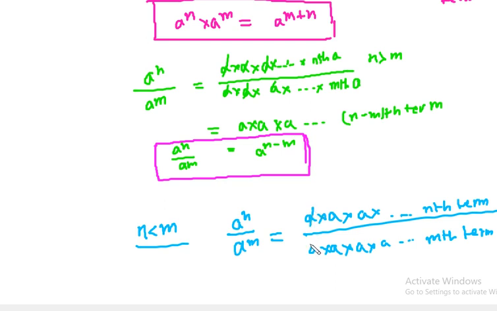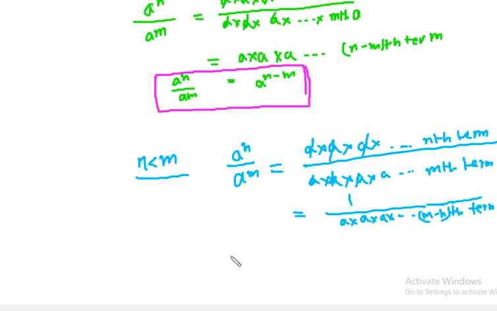Now they will cut each other, and since m is greater than n, the nth term will be cut by the nth term, then there will be some other terms left. So how many a's will be left in the denominator? It will be a into a dot dot dot up to m minus n terms. So this expression can be written as 1 by a to the power m minus n.